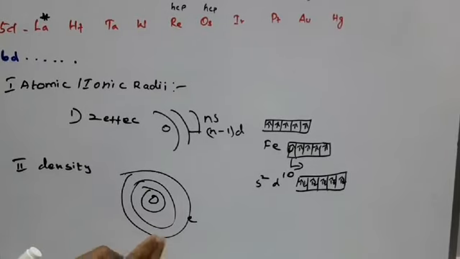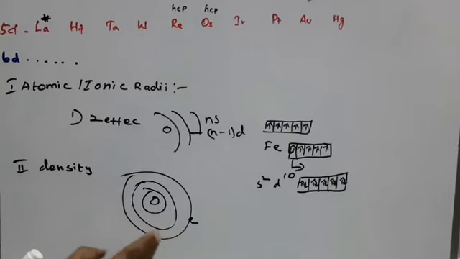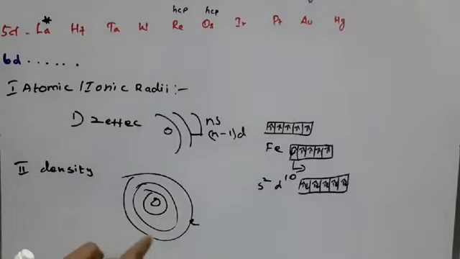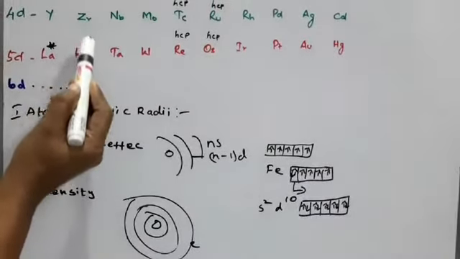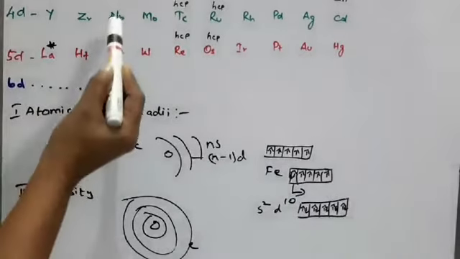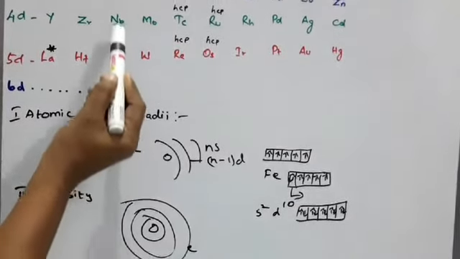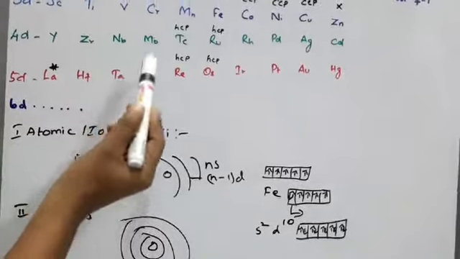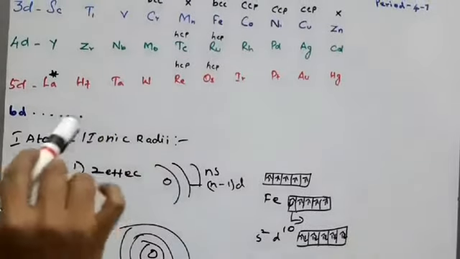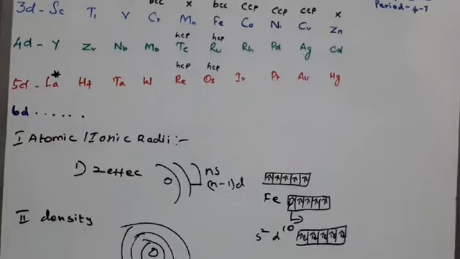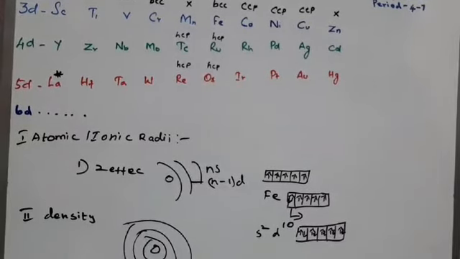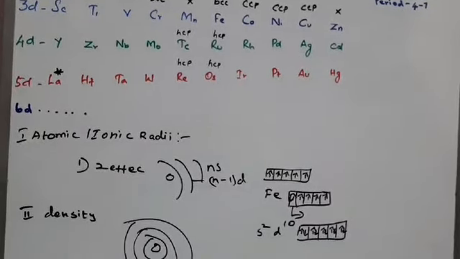So that is called lanthanide contraction. The lanthanide contraction causes zirconium and hafnium to have more or less the same atomic and ionic radii, niobium and tantalum the same atomic and ionic radii, and molybdenum and tungsten similar atomic and ionic radii. It is one more question, okay, because of lanthanide contraction.